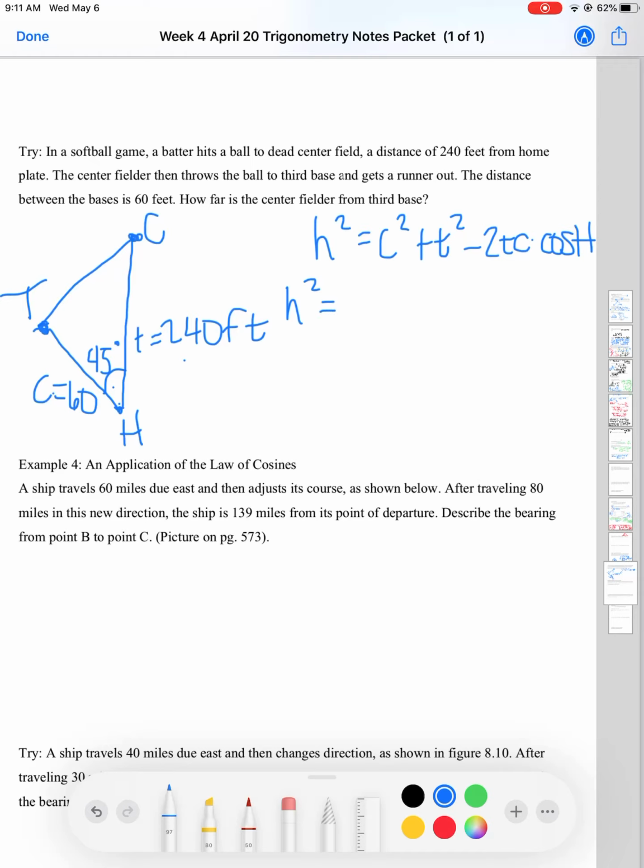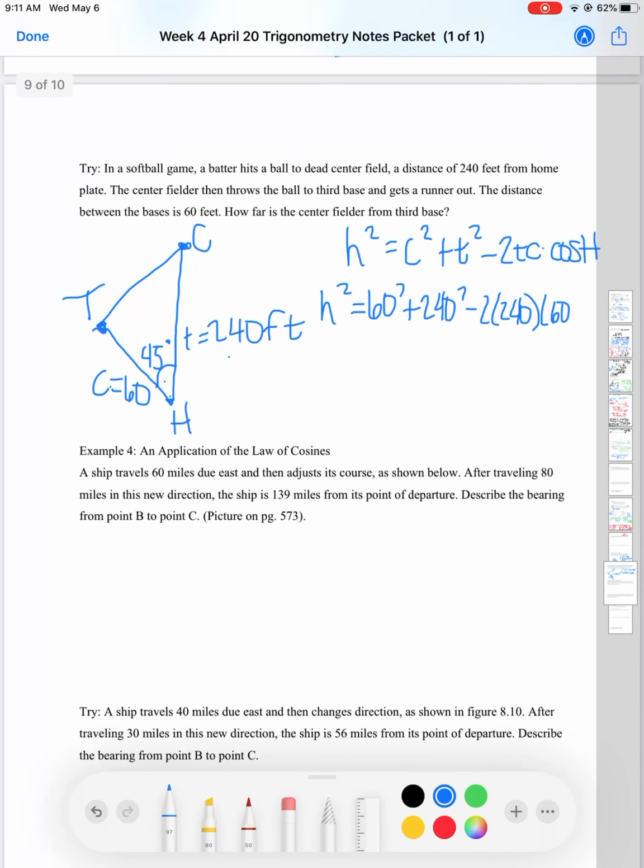So h squared equals 60 squared plus 240 squared minus 2 times 240 times 60 times cosine 45.